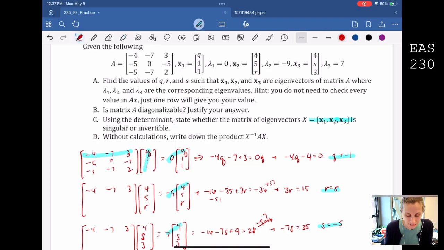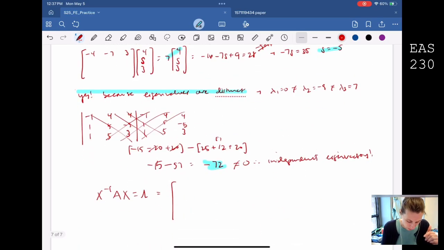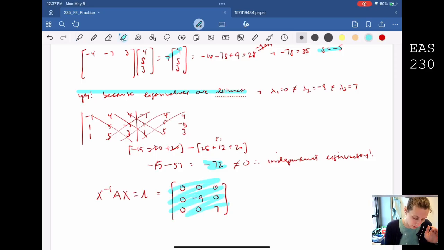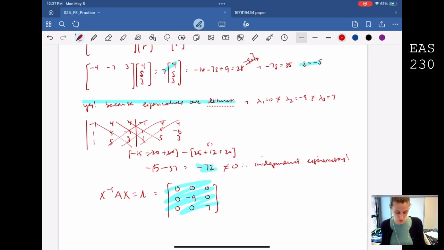Therefore, my capital lambda also needs to be in that order. So if x1 is in column 1, lambda 1 is in the 1,1 position. If x2 is in column 2, then lambda 2 is in the 2,2 position. And if x3 is in column 3, then lambda 3 is in the 3,3 position. So there is my product.